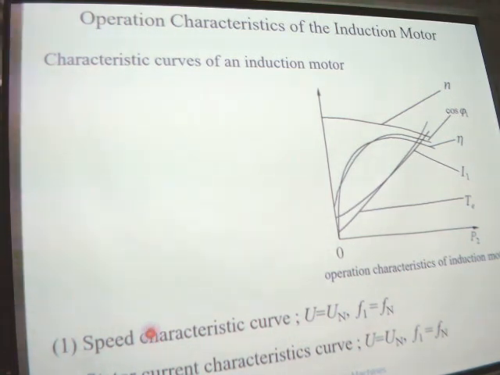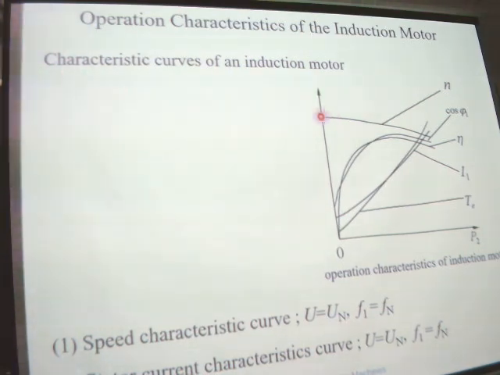First, the speed characteristic curve. This is the n, the speed, so this is the curve of the induction machine.